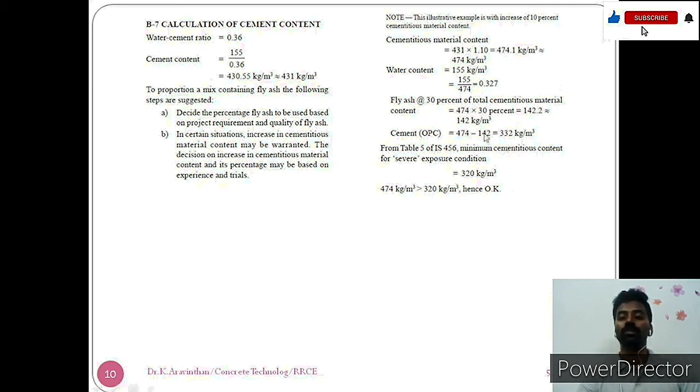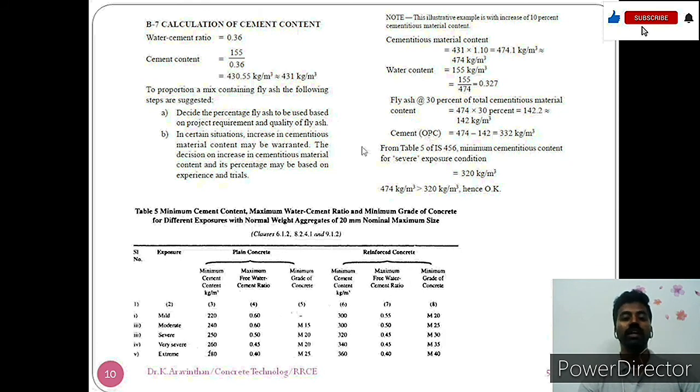Finally, since we get 332 as the OPC content, we have to check with Table 5. For severe condition, for reinforced concrete, the minimum cement content required is 320 kg per meter cube.